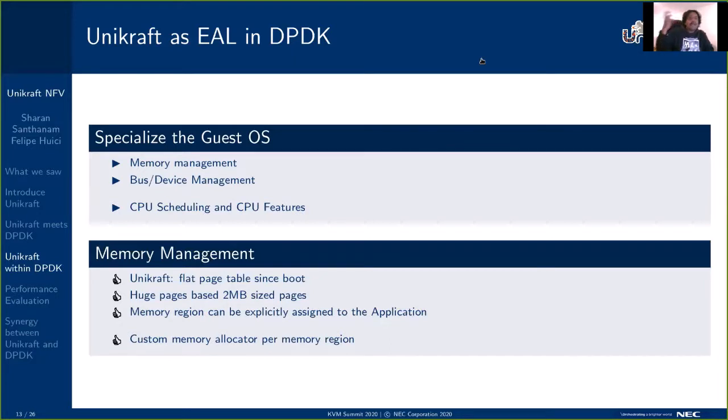And from an application perspective, an application can specify or reserve a memory range from the Unikraft Unikernel. You can reserve this memory region and use it for your memory buffers already. And also it is possible to implement multiple allocators to understand which allocator is best suited for your specific application.